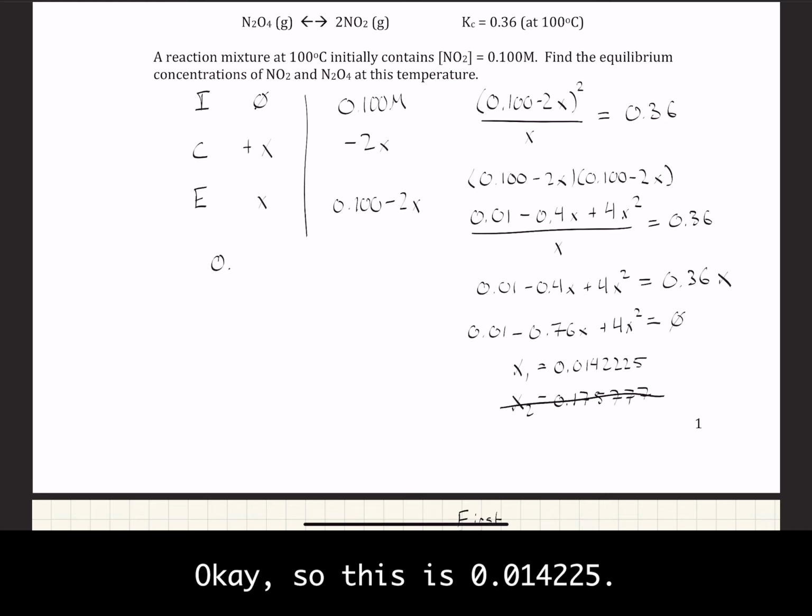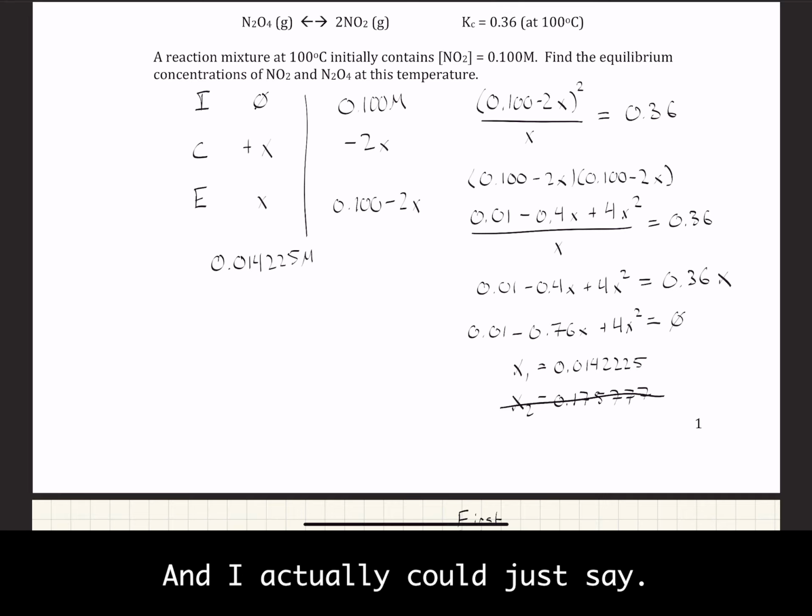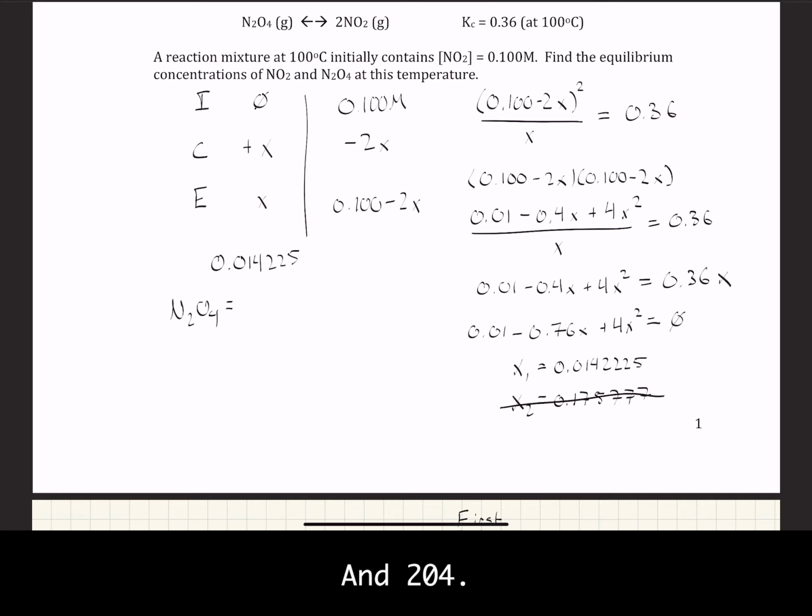Okay, so this is 0.014225. And actually, I could just say N2O4. And then for the other one, this is 0.071554.